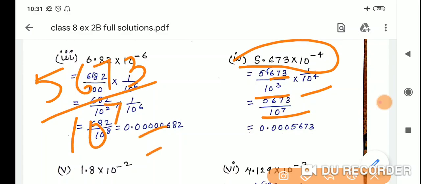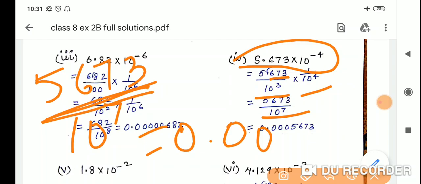It is dividing, it is not multiplying, it is dividing by 10 raised to the power 7. So 7 places we have to write. 4 already are there, so 3 we need to fill with 0. Then 5673. Understood? Many of you may not understand how we have done it, so I have elaborated it.